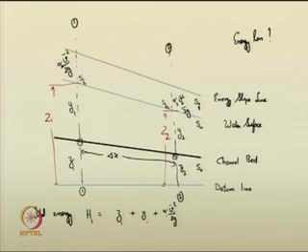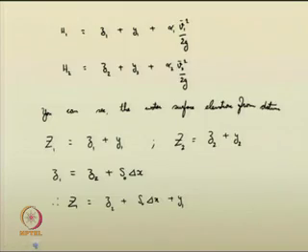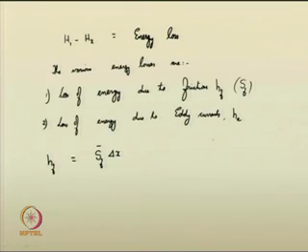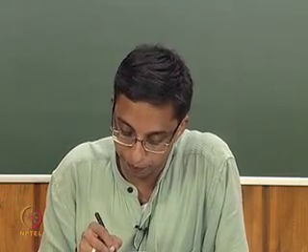Based on these two sections, you are going to take the average friction slope SF bar, that is given as SF bar is equal to half of SF1 plus SF2. You are going to multiply it with distance del x to give you the loss due to friction.